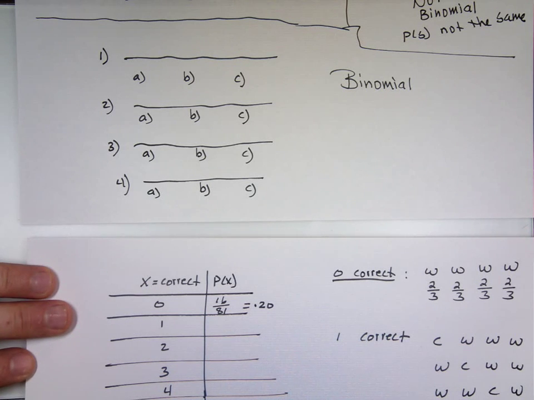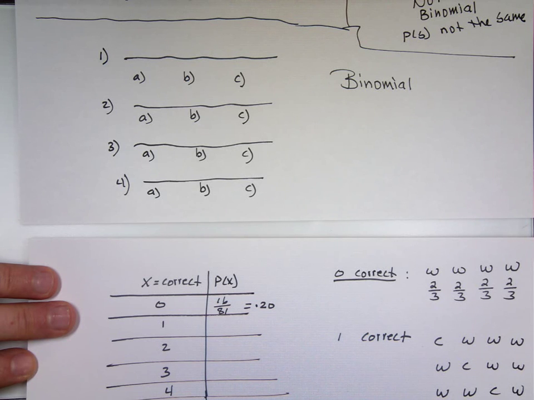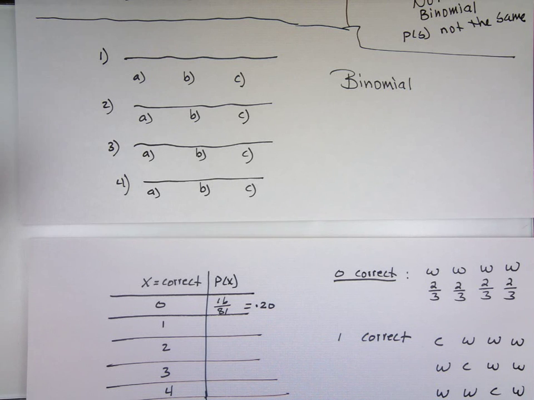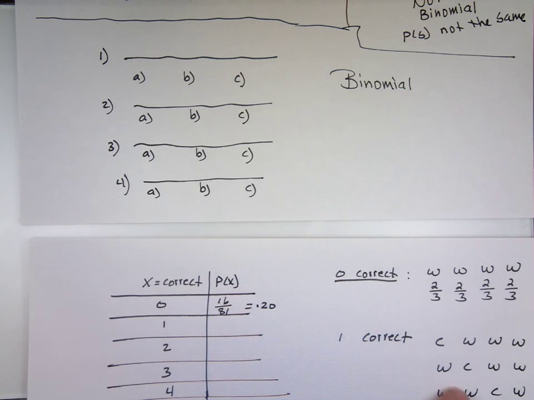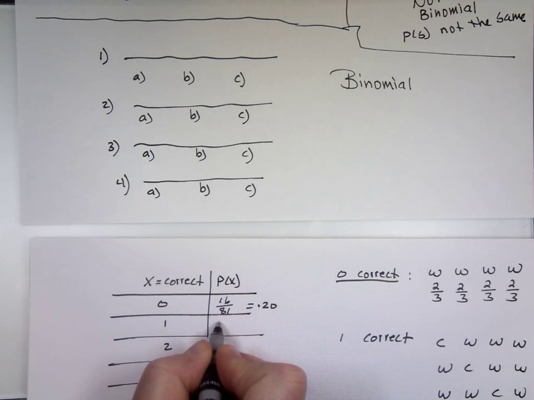For one of them, wrong is 2 out of 3, 2 out of 3, 2 out of 3, and correct is 1 out of 3. That's 8 out of 81, right? 8, not 81. And how many of these sets do we have? Times 4. What's 4 times 8? 32 out of 81.